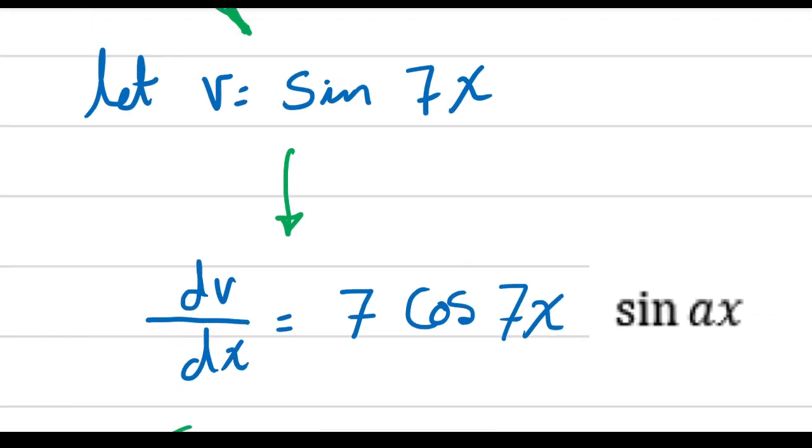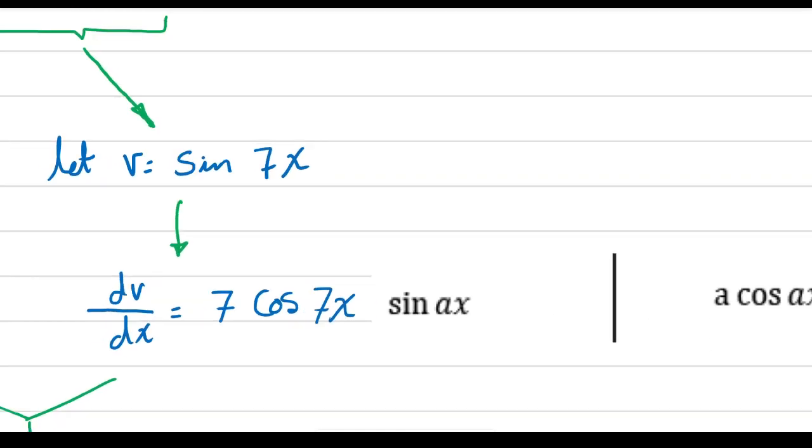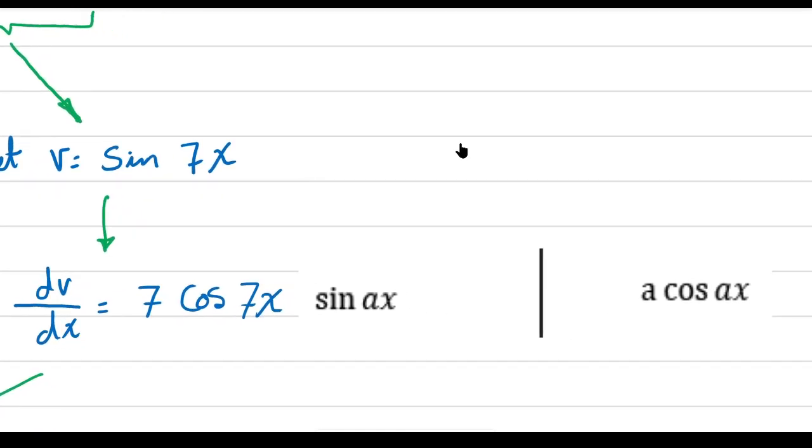You don't have to memorize this, as it would be given in the exam. The differentiation of sin ax is a times cos ax. So from the basics of differentiation, we can differentiate v equals sin 7x to get 7 cos 7x.